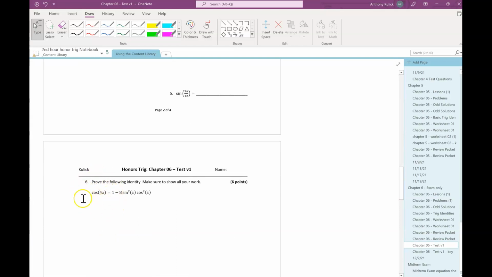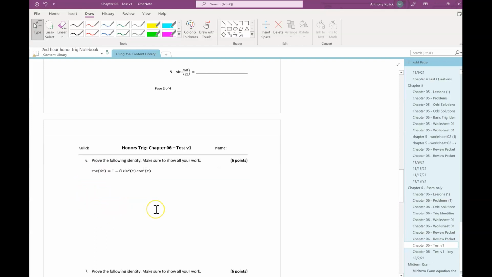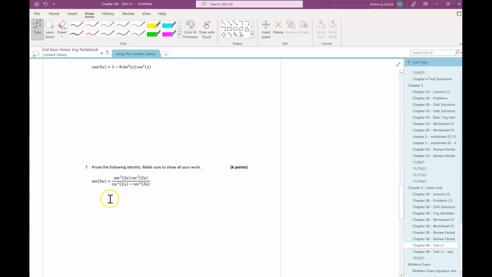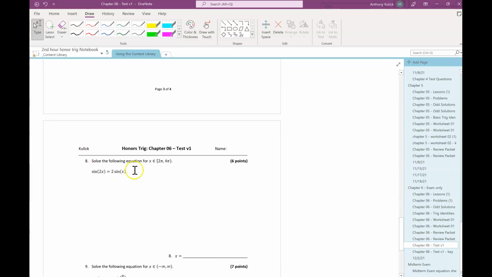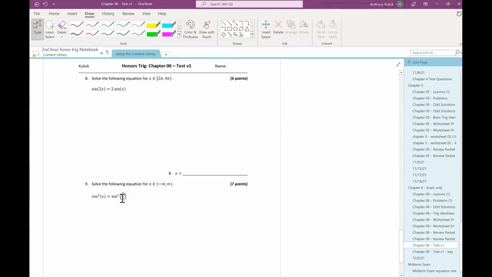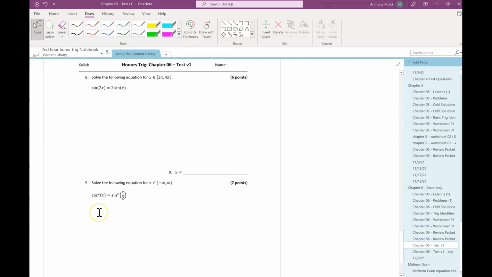You probably have enough to do 6 at least one way, and enough to do 7. Yeah, that should be okay. And you definitely can do 8. 9 you would not, unless you've read ahead about the power reducing or half angle identities.